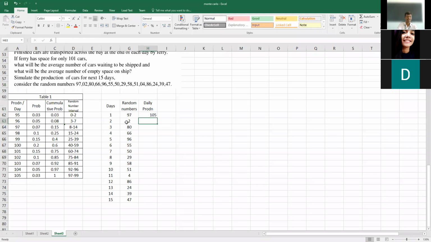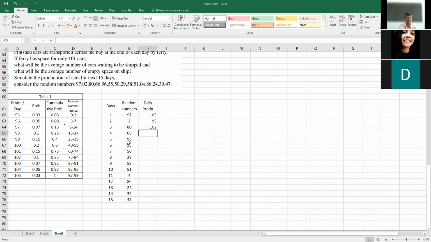In the second case, or the second day, the random number is 2. So the corresponding production on that day is 95. The third random number is 80. 80 lies between 75 to 84. So the corresponding production is 102.